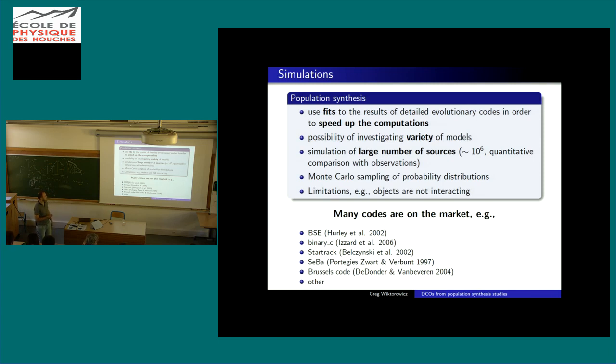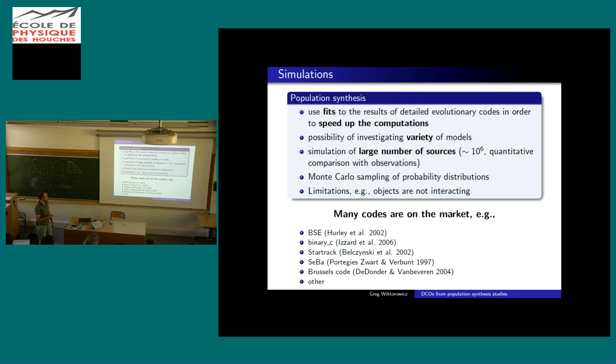With population synthesis codes, we have such a speed-up that we can compute the evolution of any system in seconds. So within a month, we can compute millions of systems. And this number is already comparable to these large stellar populations, unless we are looking for really rare objects.